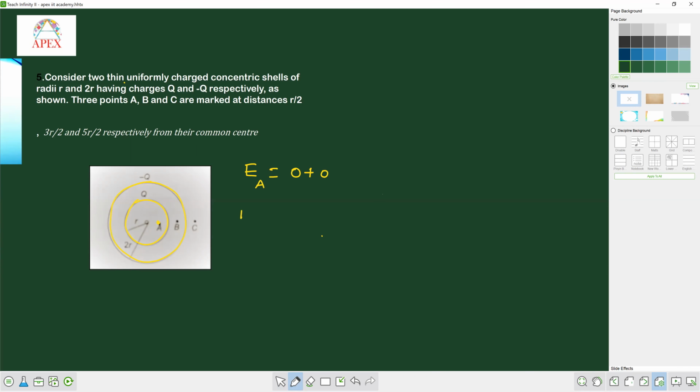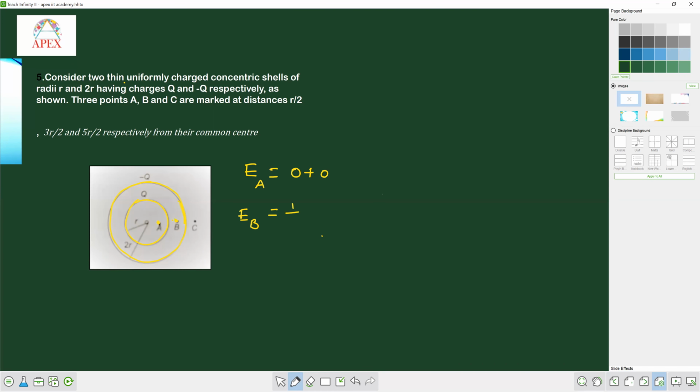And if I come to the second one, the electric field intensity at point B. See here, point B is outside the inner shell and inside the outer shell. Inside the shell E is 0, so E due to the outer shell is 0. But E due to the inner shell you can calculate. What is the formula for E due to the inner shell at a point outside?